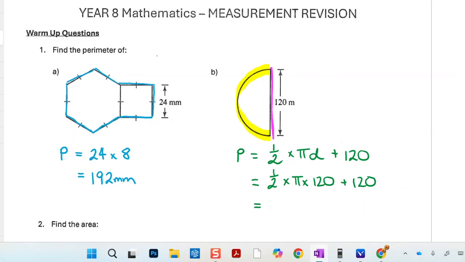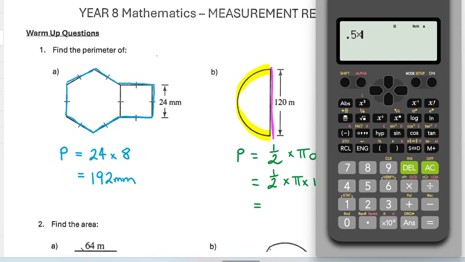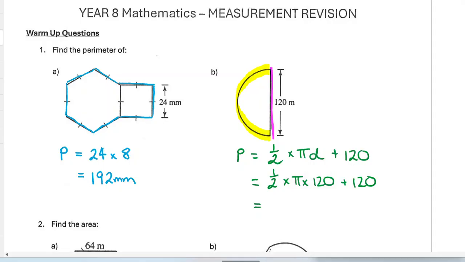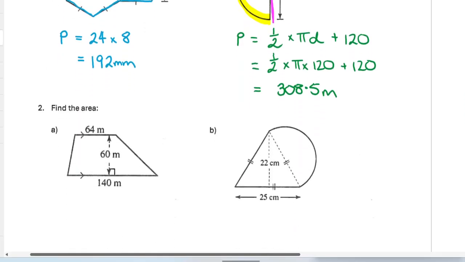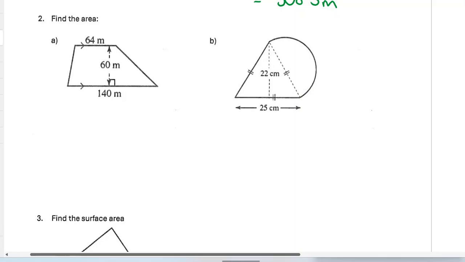Putting that in the calculator to get an answer. Is 308, and I'm going to do one decimal place, so 308.5. And that's in meters.